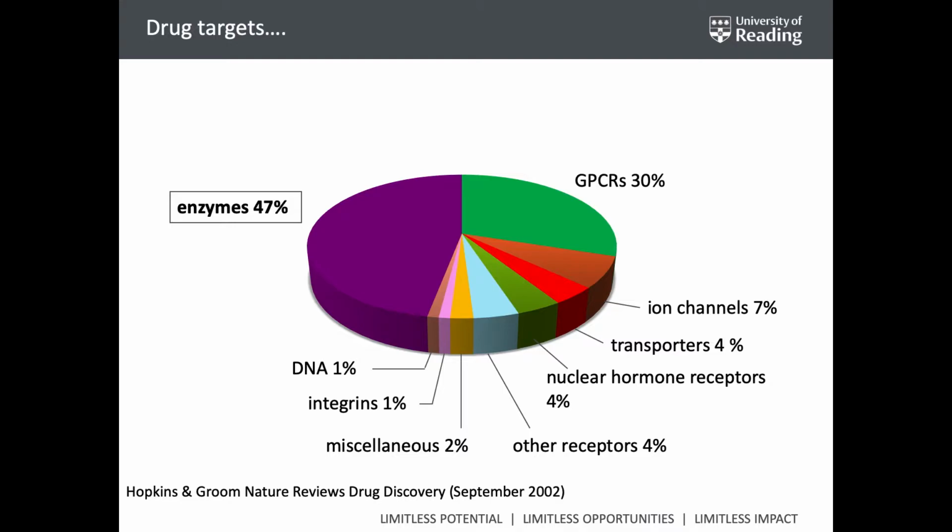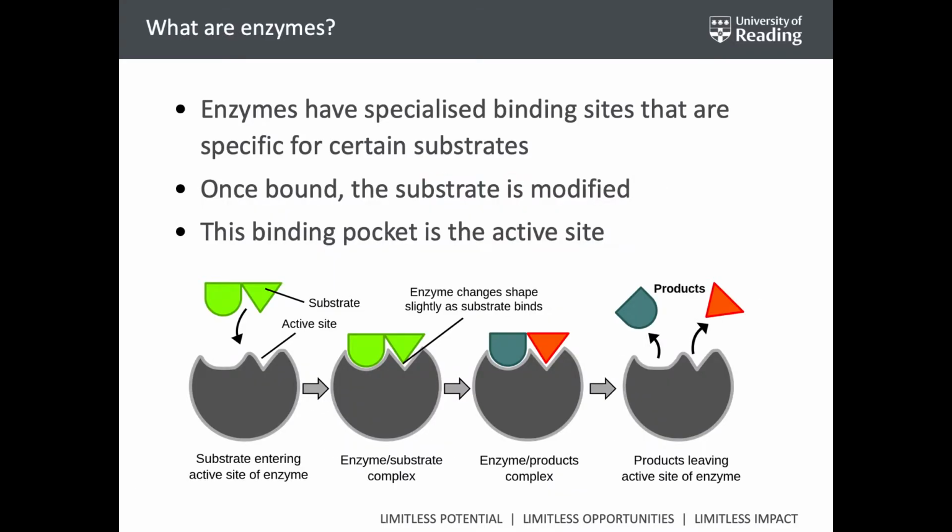But enzymes represent the largest single group of molecular targets in cells for drugs that are in clinical practice, that are FDA approved or approved by the European Medicines Agency. And really, that highlights why this is important, both in terms of pharmacy, in terms of drugs that may be prescribed going into clinical practice, but also in terms of understanding drugs in the broader arena of biology.